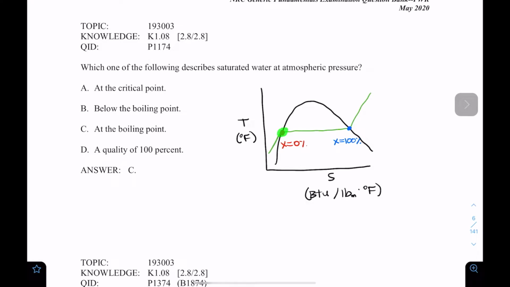This point is the boiling point. So this is going to be my answer. Quality at 100% is saturated vapor. Below the boiling point, we're going to be somewhere in there. So that's why we know this is the answer.